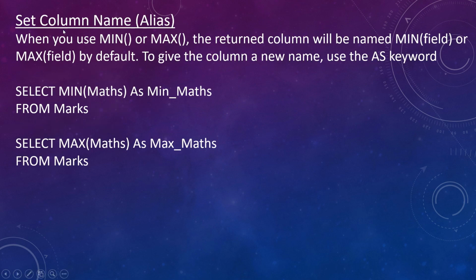Set column name alias. So we have already discussed this. When we use min or max, the returned column will be named min field or max field by default. To give the column a new name, we use the as keyword. So like select min maths as min maths. So this will come in the final result set.